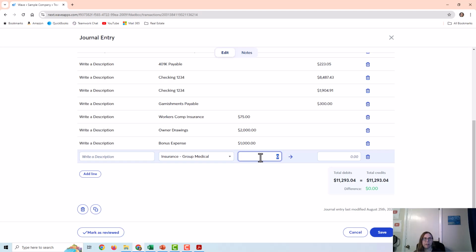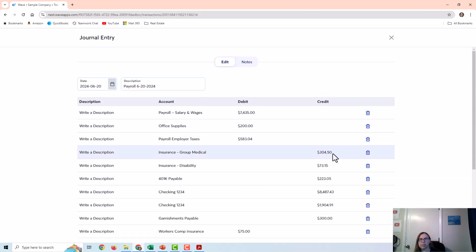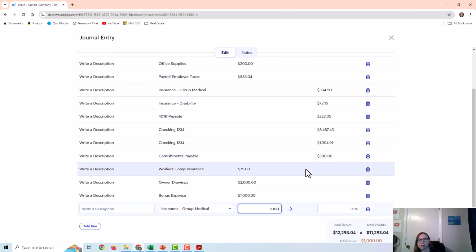And let's just say they pay $1,000 per payroll for group medical insurance. So the company pays $1,000, but the employees contribute $304 towards that cost. So for the company portion, that's an expense of the business. That is going to be a debit. But then you subtract by doing the opposite. The credit is the opposite of a debit, and they subtract from each other.